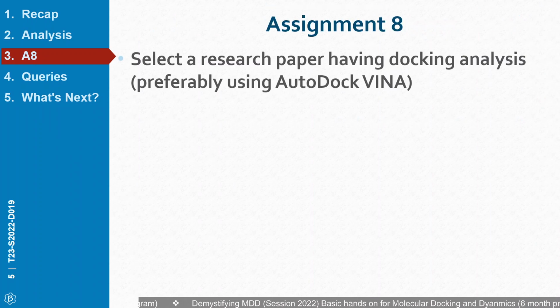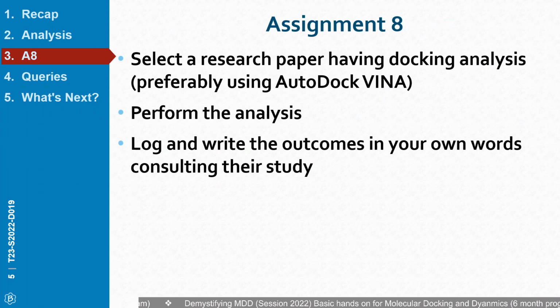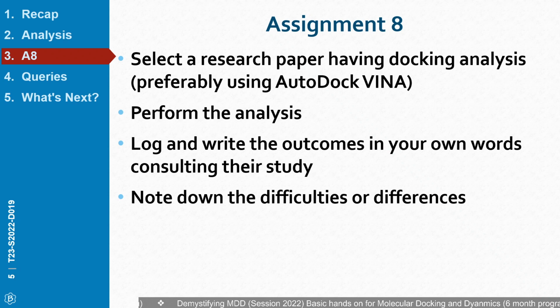So here is an assignment for you all: select one existing paper which you have selected, or select a new paper, and analyze what docking they performed, and also analyze the results, and check what parameters or outcomes they have listed.